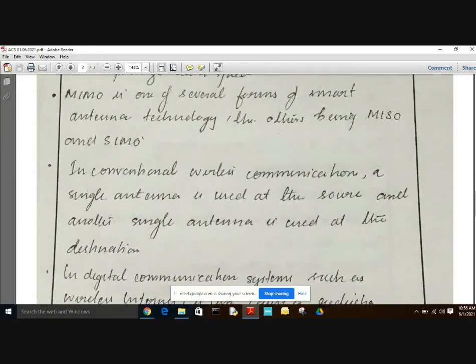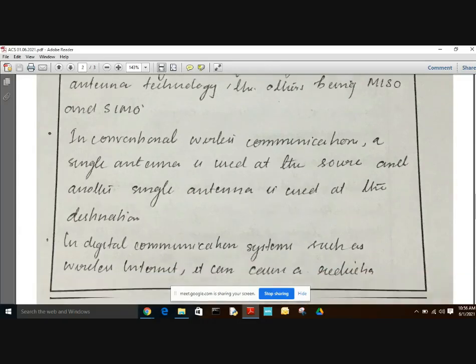In a conventional wireless communication system, a single antenna is used at the source and another single antenna is used at the destination, that is, at the transmitter side and the receiver side.